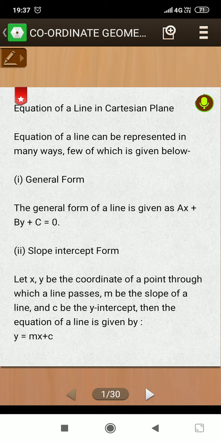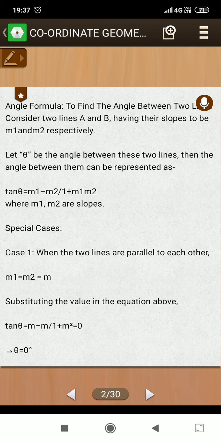Going to the next slide. Angle formula. To find the angle between two lines, consider two lines A and B, having the slopes m1 and m2 respectively.